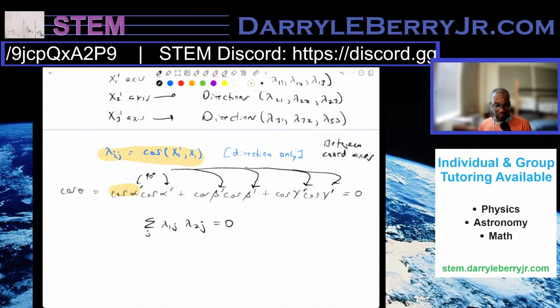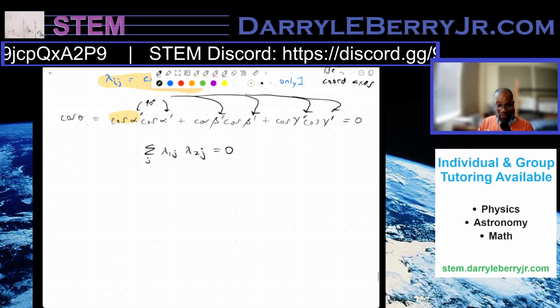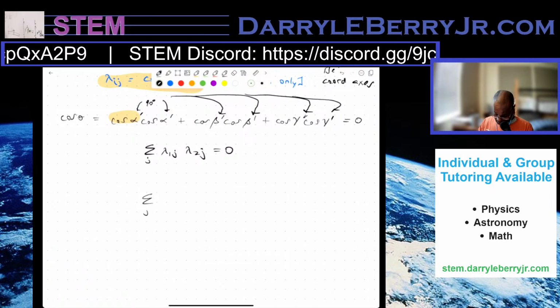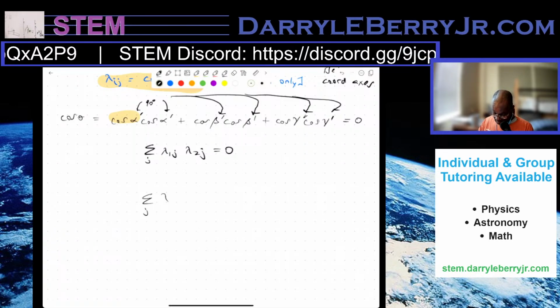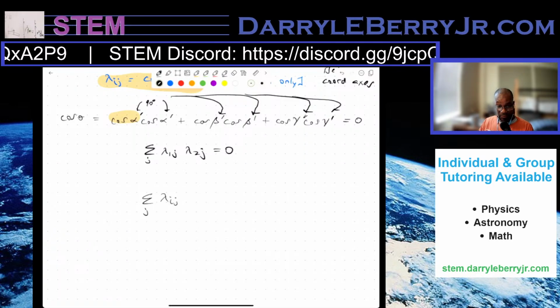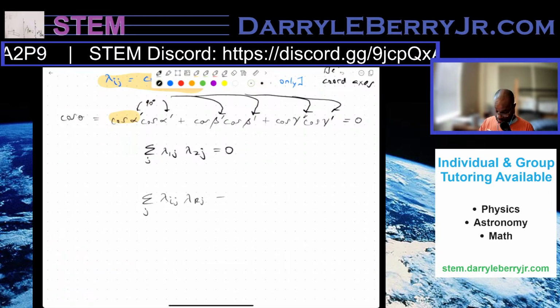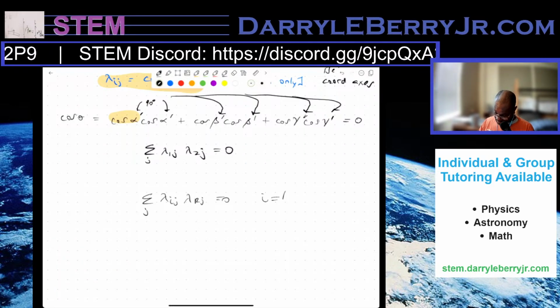And it says in general, for all j, the sum of lambda ij lambda kj equals 0 when i does not equal k.